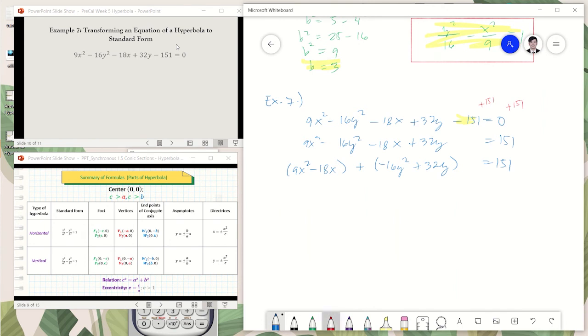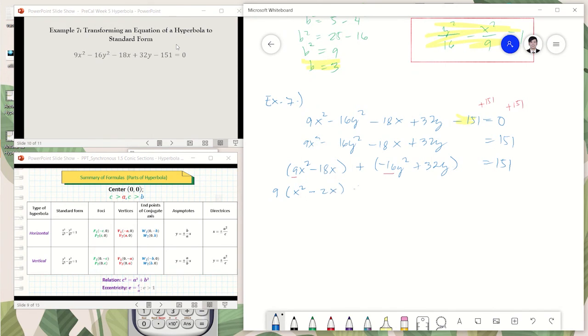Okay, now to do that, we make sure that the leading coefficients would be a 1. That's why we need to factor out the 9 from here. And what will be left is just x squared from 18 if we get the factor 9 from it. So that would just be 2x. And then in here, that's a negative 16.